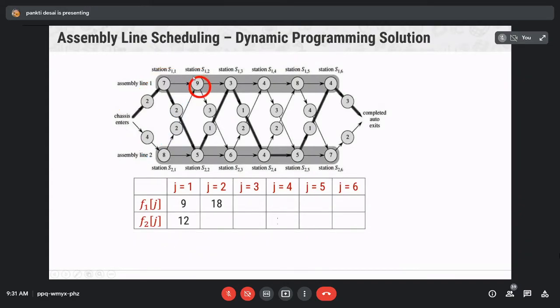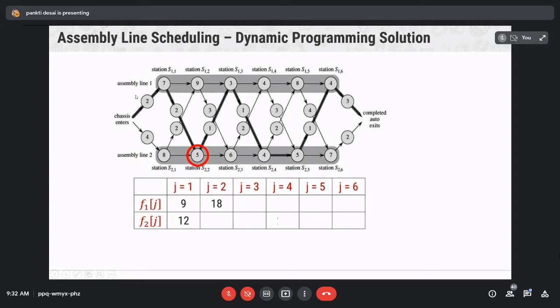Right? Now next is the second station for the second assembly line, so find the value of F22. Tell me what will be the value for F22. Here the value of j is greater than or equal to 2. So to reach this station, either you can follow this path or you can follow that path.